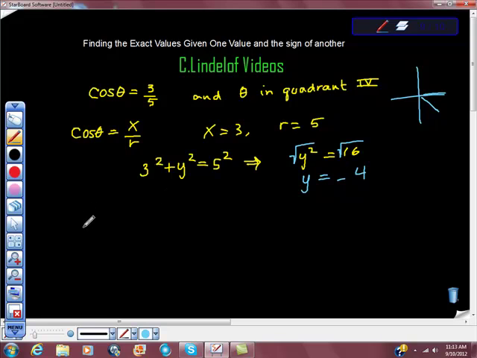So now we have cosine theta they gave us. Cosine of theta is 3/5. So we know the radius is that. We know that sine theta is equal to y over r, isn't it? And if that's true, then sine theta is equal to negative 4 over 5, which is the radius, right? From here, all we have to do is just plug and chug and do the rest of our work.